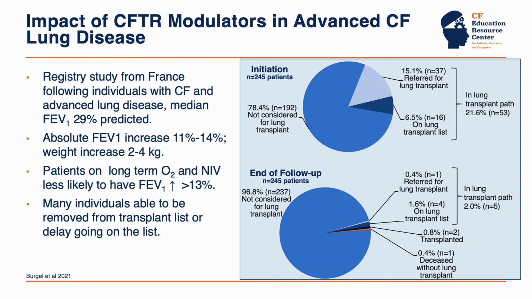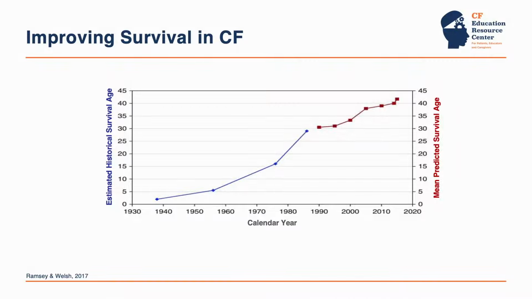This experience has been echoed and repeated across the US in many of our CF centers, where individuals with advanced lung disease who started on triple drug were able to delay transplantation and continue with their medical therapies without pursuing transplant. So as a result of all the treatments that have been developed over the last several decades, we have improving survival in CF. Much of this is related to therapies that were developed a decade or two ago.